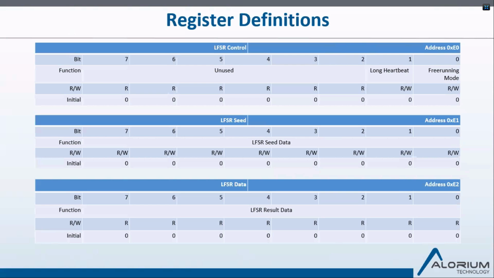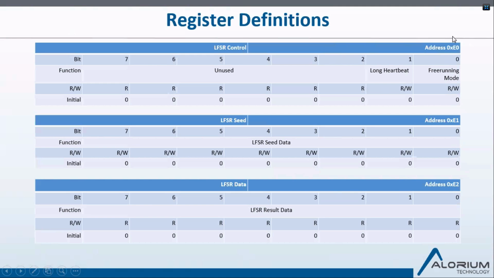So by setting that long heartbeat bit in the LFSR control register, you can see the heartbeat toggle every 10 million cycles instead. There's also an LFSR seed register, and that register is how the user can write an initial seed state for the LFSR to get it to start from wherever you want. And then the LFSR data register is going to be the resulting output of the LFSR module.